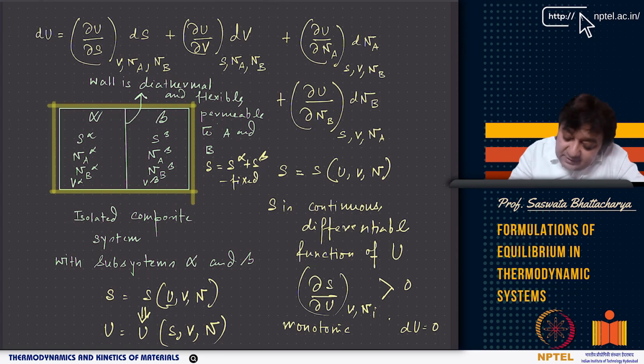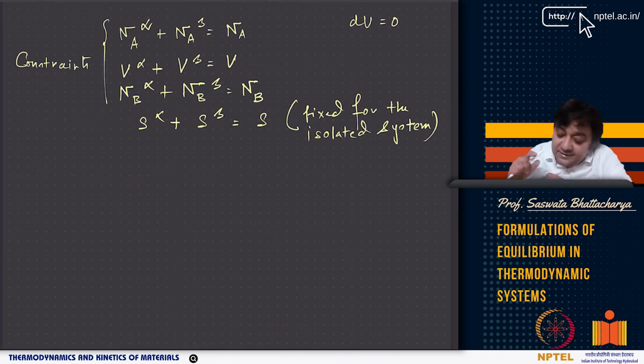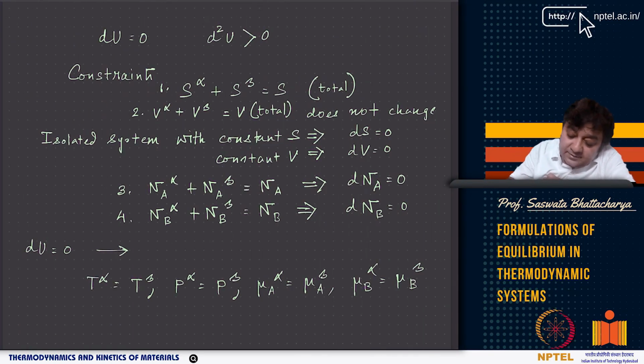As you can see here, del u del v is taken at constant entropy. Del u del na at constant entropy, del u del nb at constant entropy, and only then this del u del s term is coming. So the total entropy of the system is fixed.